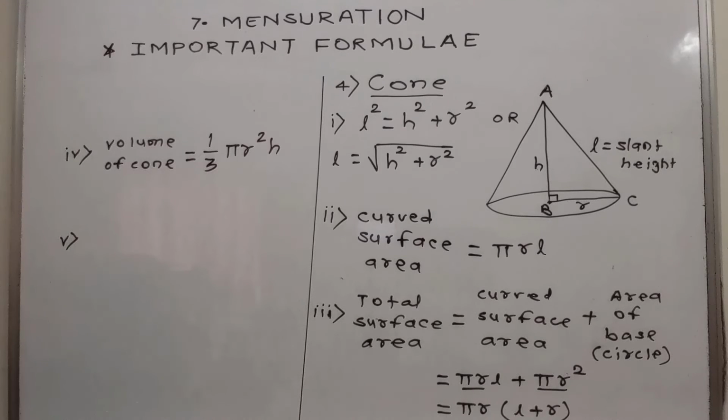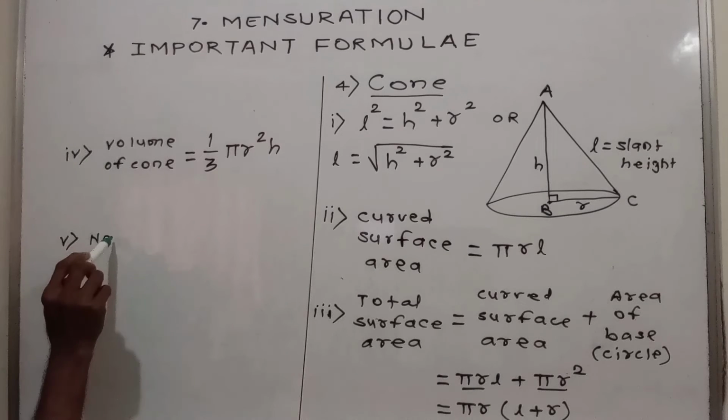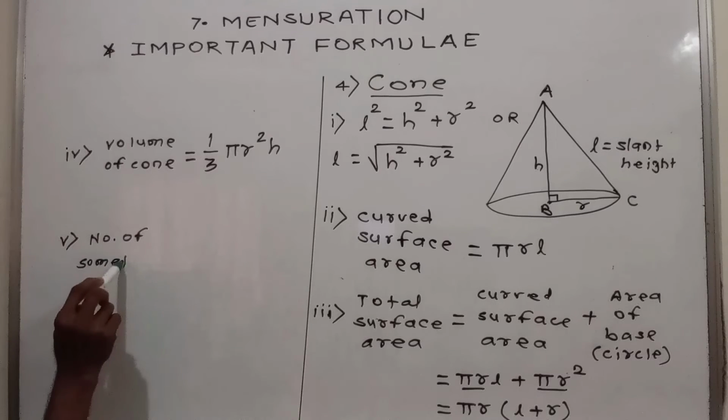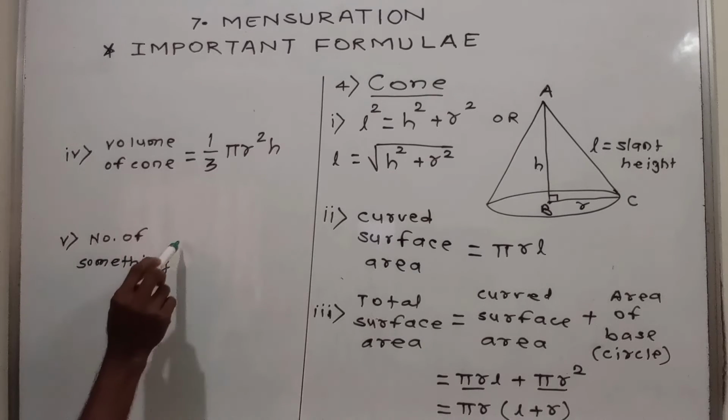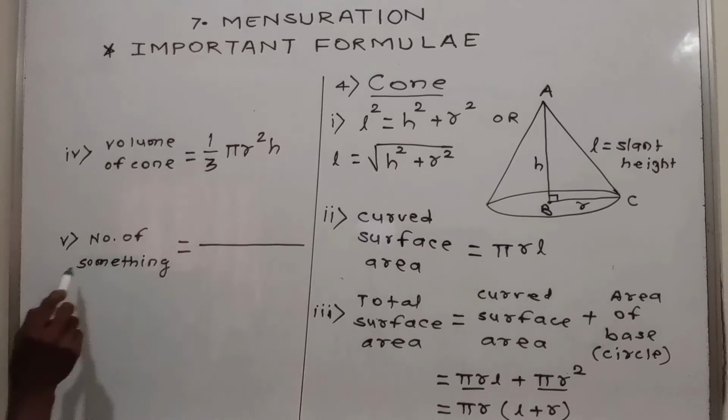Now when we find number of something, number of something is equal to, means find number of cones, find number of marbles, find number of cylinders, find number of cubes, find number of cuboids. This way, then we write number of cubes, number of cones, number of cylinders, etc.